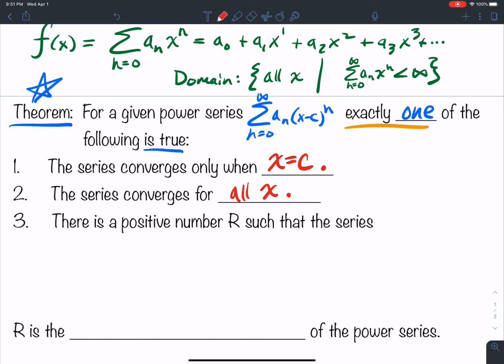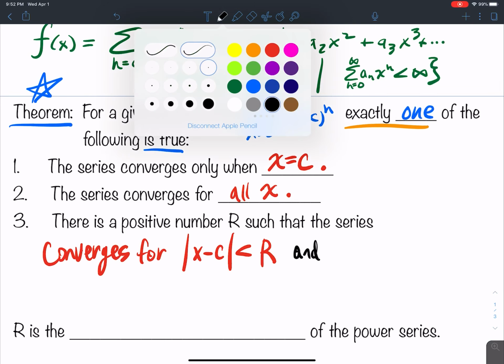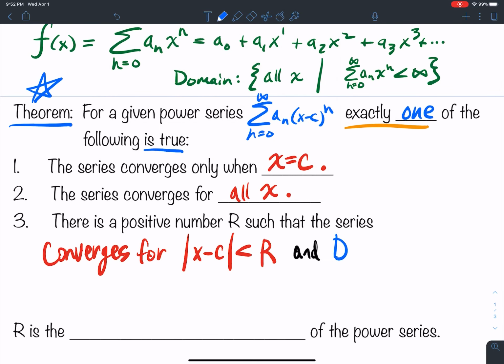Or there is a positive number r such that the series converges for absolute value of x minus c less than that positive number r, and diverges for absolute value of x minus c greater than that number r. Okay? Greater than that number r.